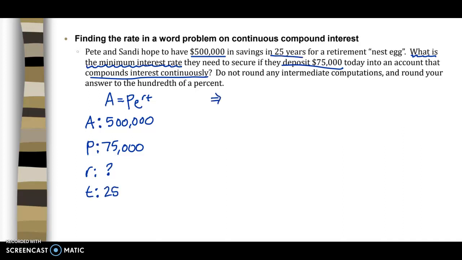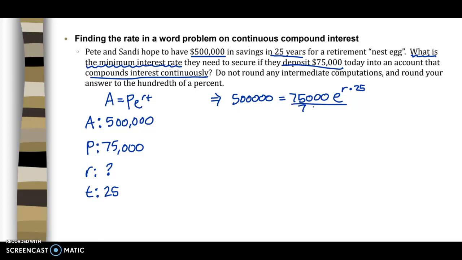So this equation will be A, which is 500,000, equals 75,000, or P, times e to the rate, which we don't know, so let's just leave that as R, times T, which is 25. So in order to solve this, what will I do?